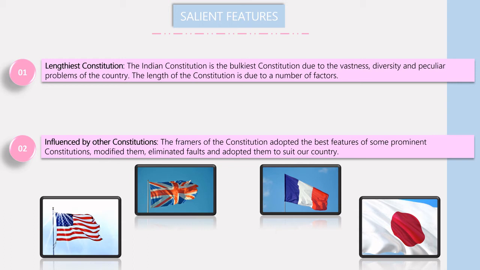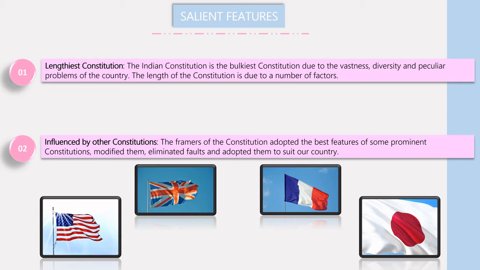Seventh, the ideals of republic, liberty, equality and fraternity in the preamble from the French Constitution. Eighth, the concurrent list, joint sitting of the two houses of parliament from Australia.